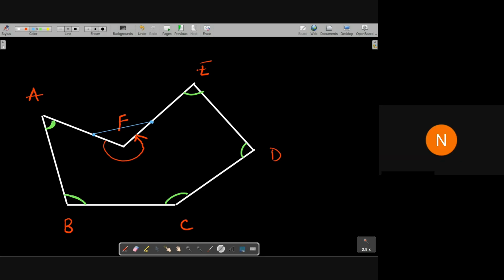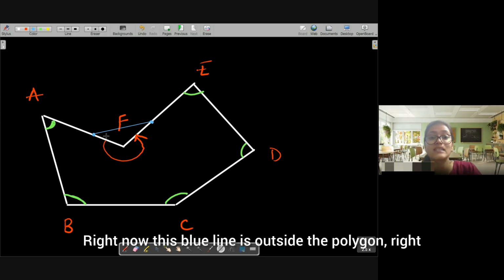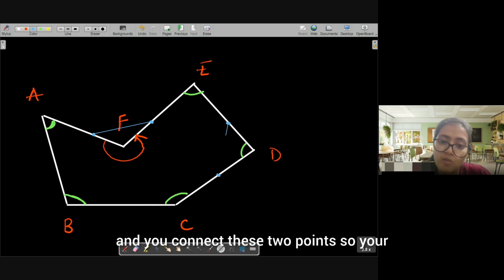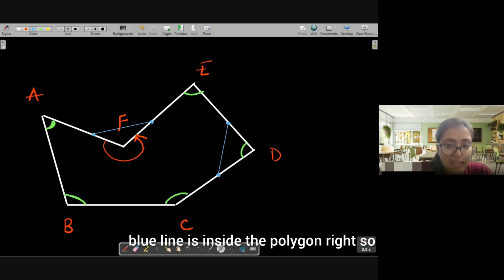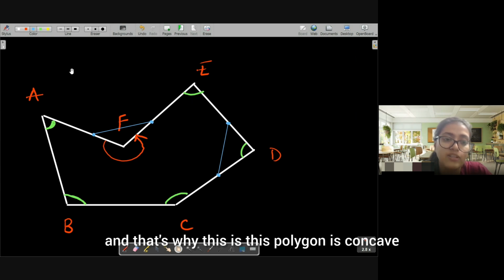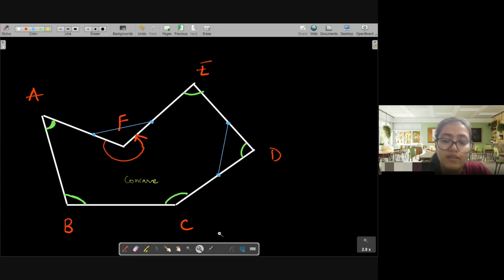Right now, this blue line is outside the polygon, right? If you take any point here and here, and you connect these 2 points, your blue line is inside the polygon, right? So this is not a reflex angle. This here is a reflex angle, and that's why this polygon is concave.